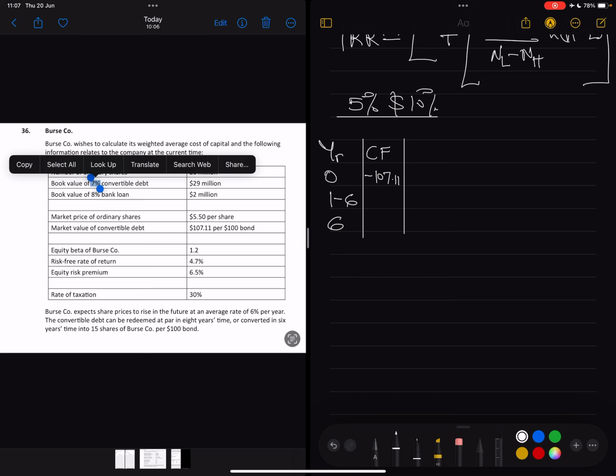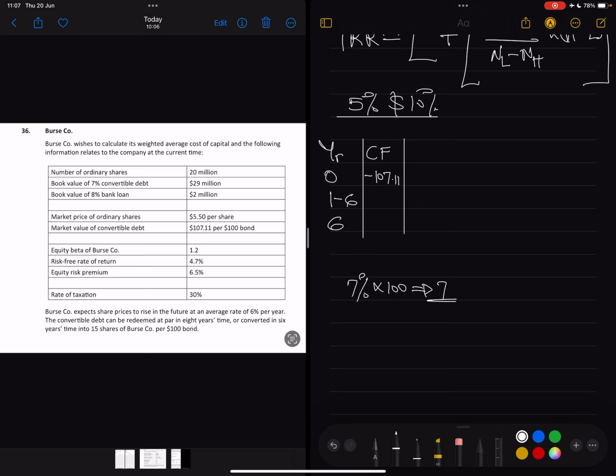However, tax is 30%. I told you yesterday in my previous video that coupon cash flow is rate times 100 all the time. So this bond will pay 7 all the time. But when you make income of 7, the taxman is going to ask you to pay tax.